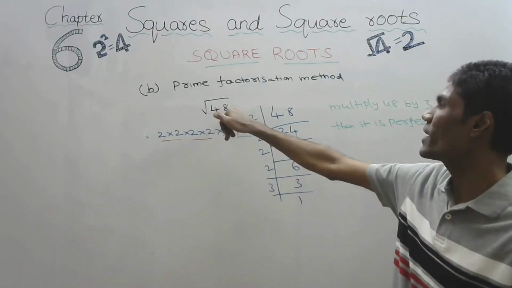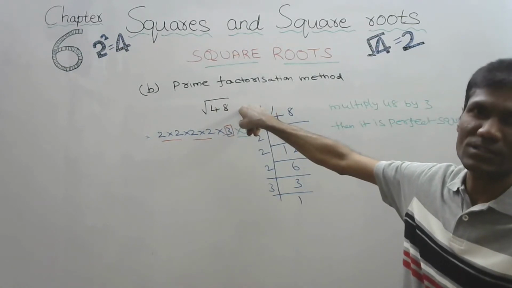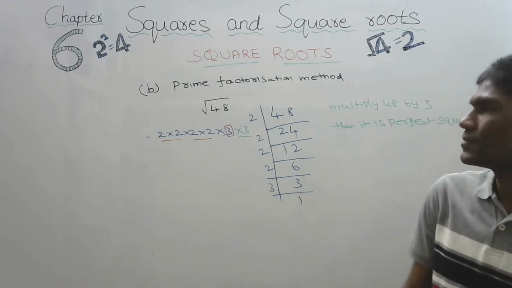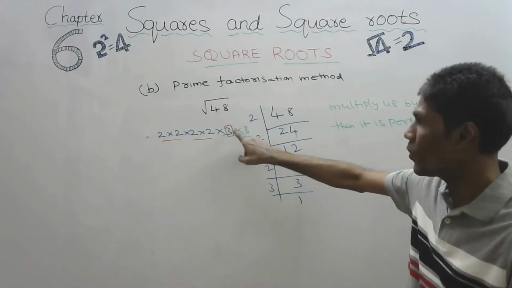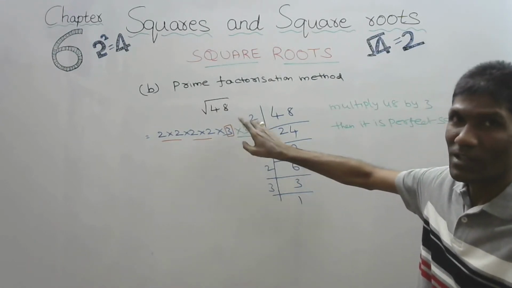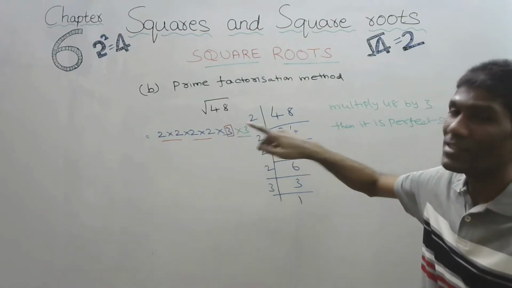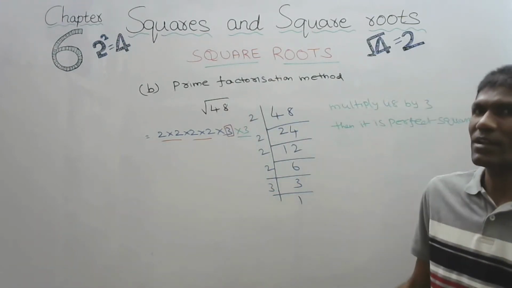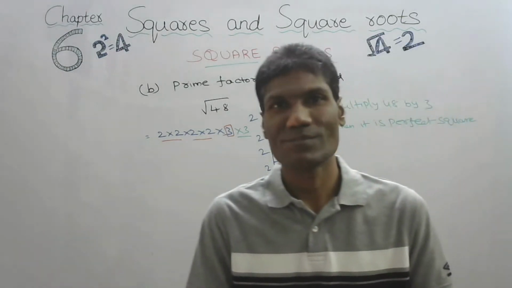Or he can say the root of this number is an integer or exists. Same way, what is extra after pairing up? That extra number should be deleted. So we should divide by that number so that it will become a perfect square.